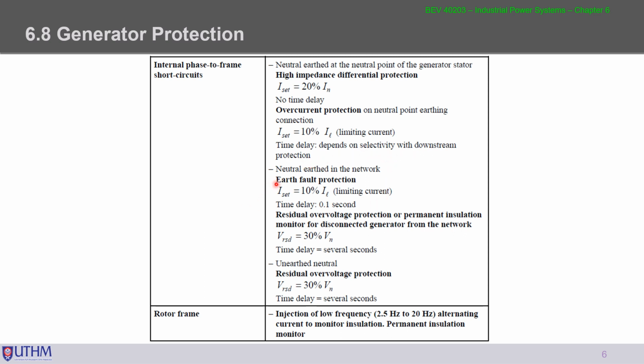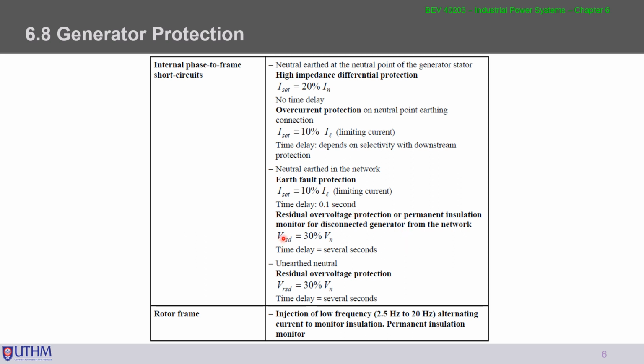And if the fault is neutral earth in the network, the protection that we use is earth fault protection, and the setting is 10% more than IL. Then the time delay is 0.1 second.